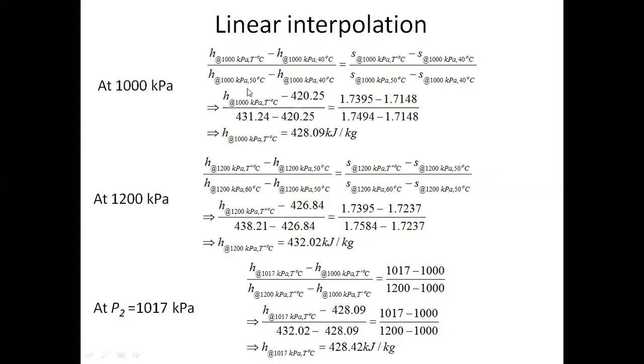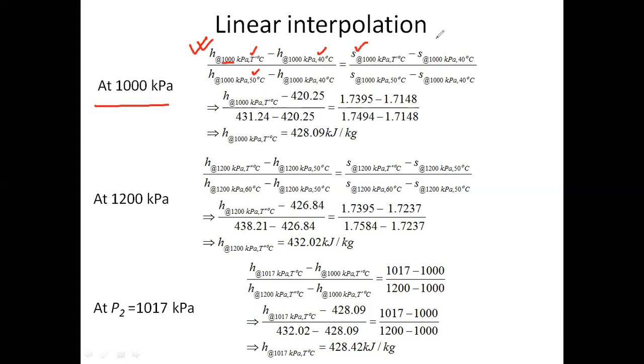Here I have shown the linear interpolation mathematically. You see that at 1000 kilopascal I have written the linear equation, that is enthalpy at 1000 kilopascal and some T prime degree centigrade. T prime is in between 40 and 50, and corresponding entropy values we have written.